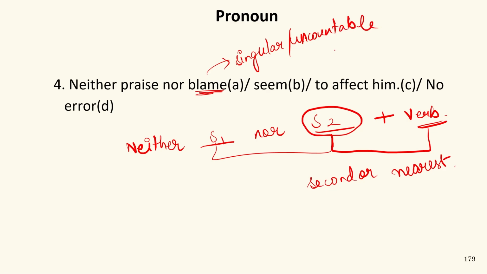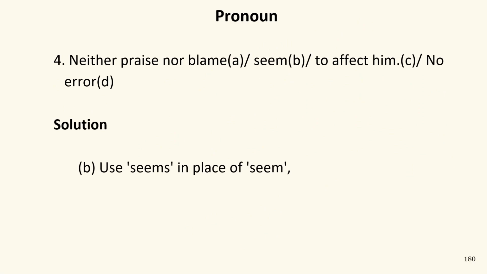So in this case, seem should be replaced with seems, because we know well whenever we add s or es to a verb, it converts into the singular form of the verb. So the singular form of seem is seems. So the correct sentence will be, neither praise nor blame seems to affect him. So the correct sentence uses seems in place of seem.